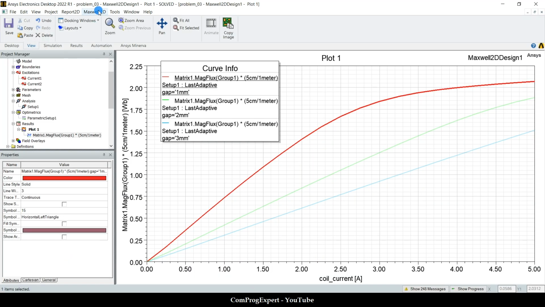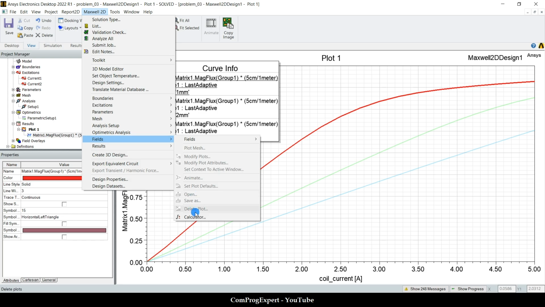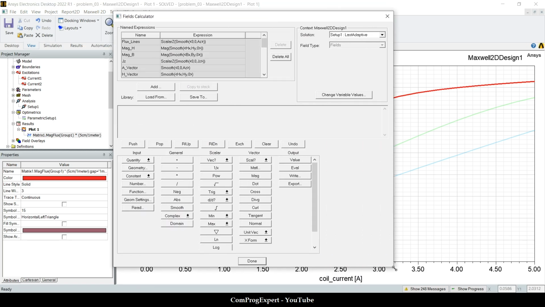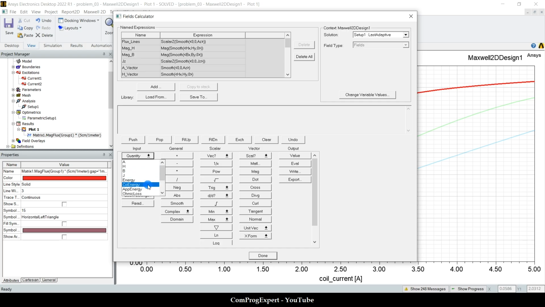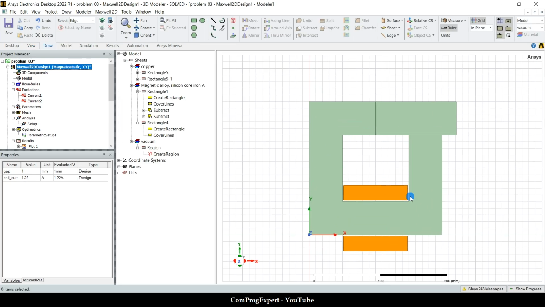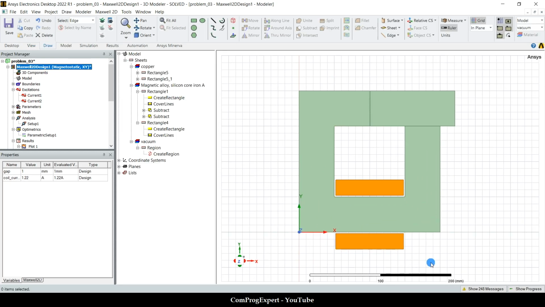In the ANSYS Maxwell, if you check the calculator, you have access to all of these parameters. Co-energy, energy. Yes, you can calculate the total energy stored in the magnetic field in the ANSYS Maxwell, and co-energy. Yes, so we have access to these quantities in the software also.